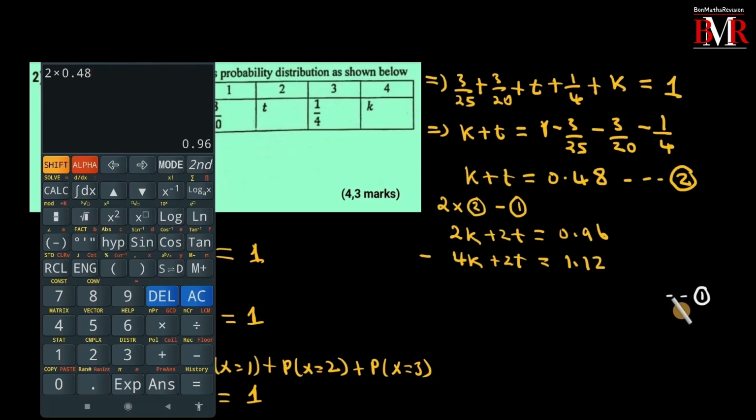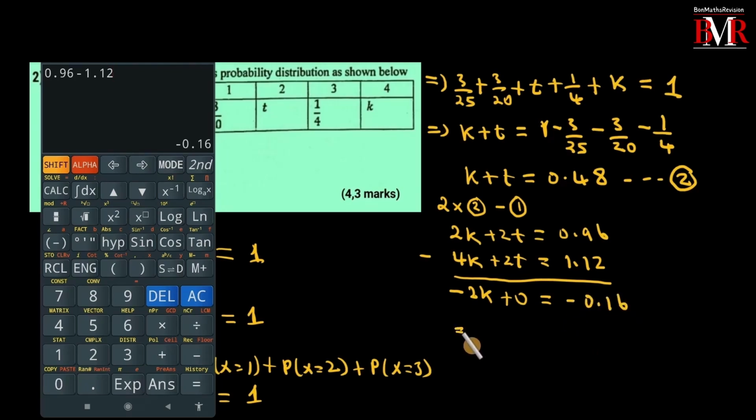Now if I subtract, I'll have negative 2k here. That's 2 minus 4, which is minus 2k. 2t minus 2t is 0. That's equal to 0.96 minus 1.12, and here I'm going to have negative 0.16. That means minus 2k is equal to minus 0.16.